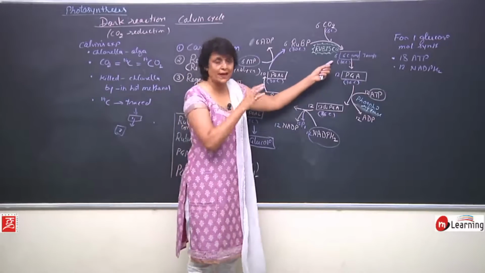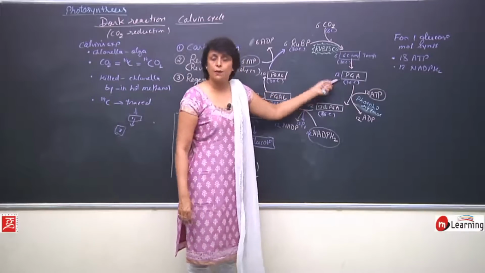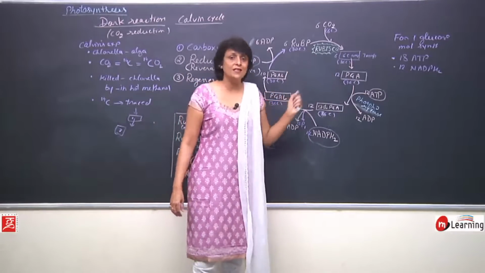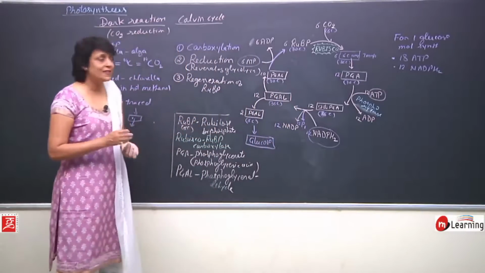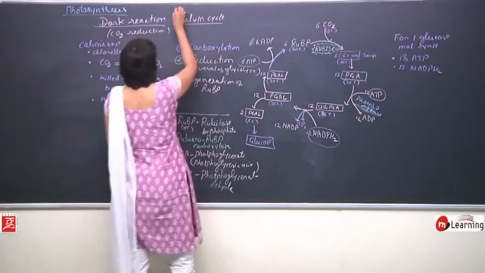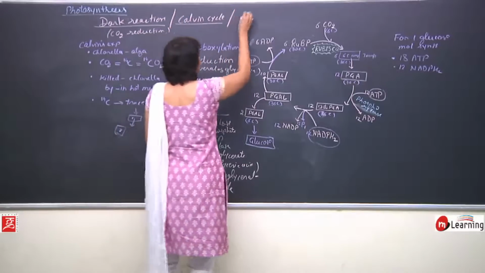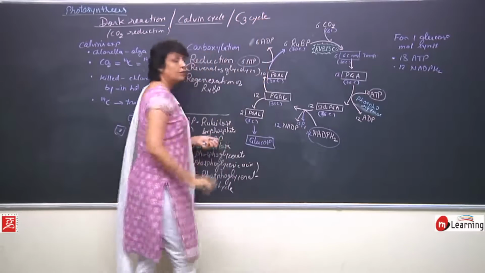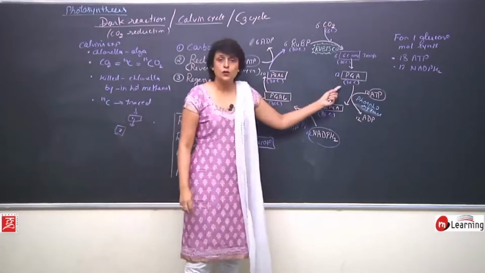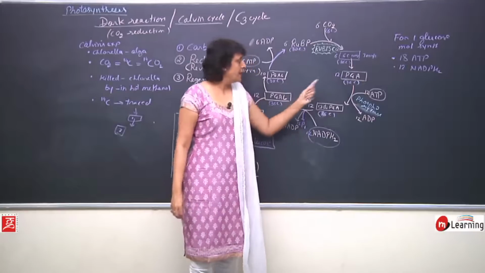That's why we just simply write the first stable compound. The first stable compound is a 3 carbon compound, and that is why Calvin cycle is also known as C3 cycle. First stable compound, phosphoglyceric acid.